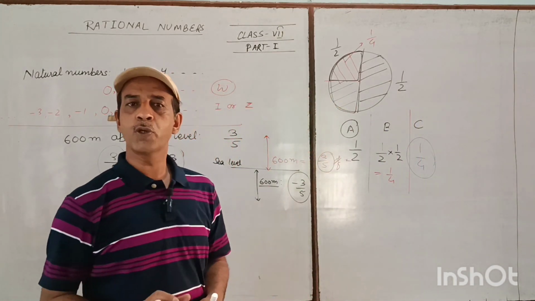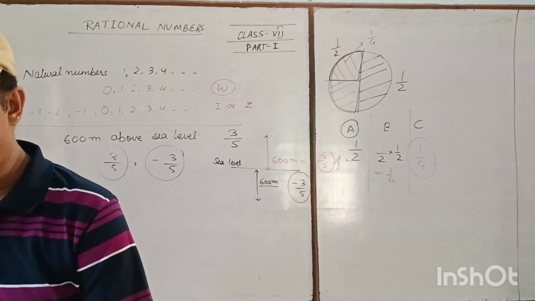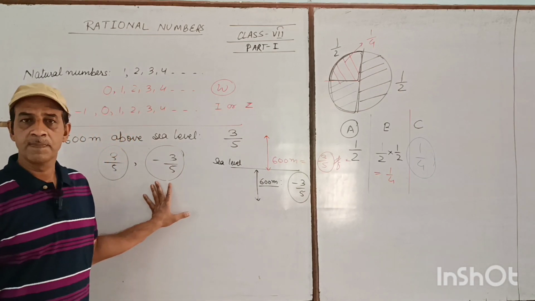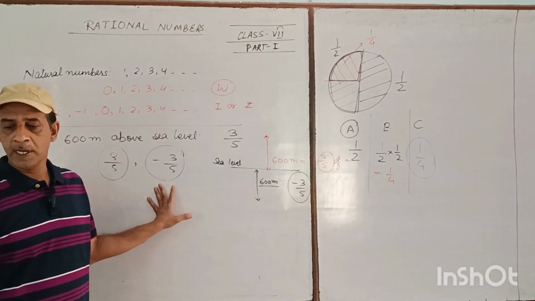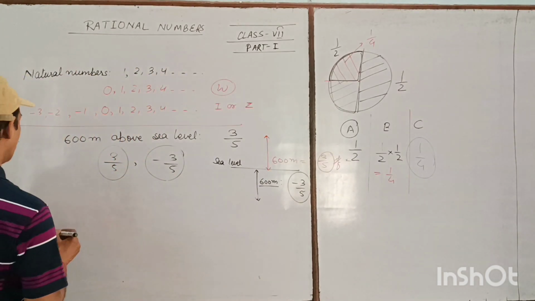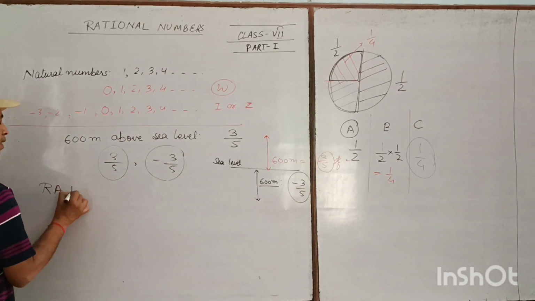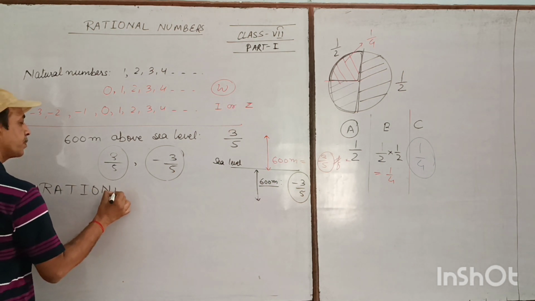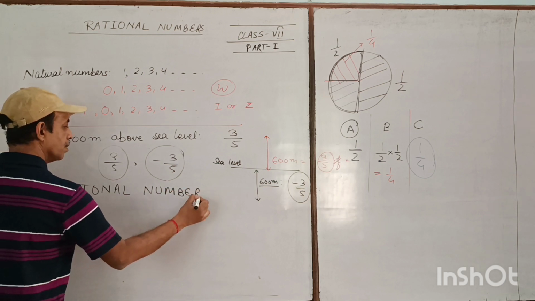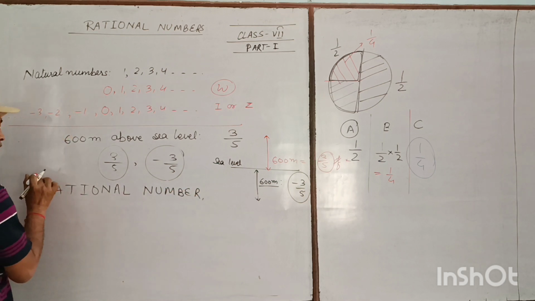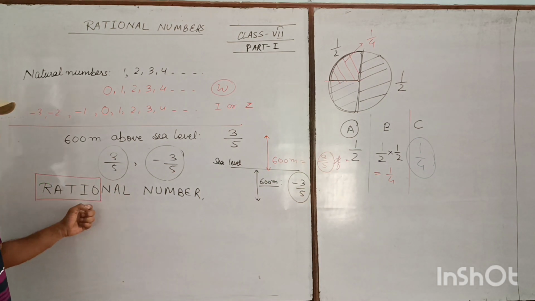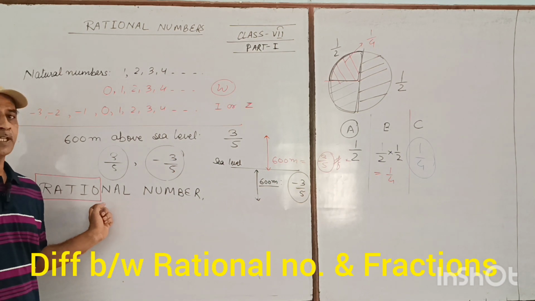That means we have also seen that we need to come across these types of fractions and some negative fractions. These lead to the concept of rational numbers. Fine. If you see the word rational number, it has originated from the word ratio, to which you all are very much familiar.